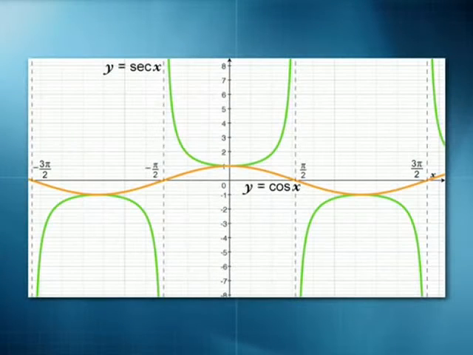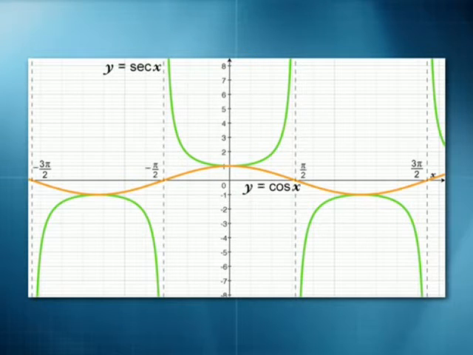All right, let me show you the graph of secant, and I'm going to graph it together with cosine because there's a really nice interplay between these two graphs. In fact, if you're comfortable with the cosine graph, you'll be equally comfortable with the secant graph. Watch how they go together as kind of a team. Cosine is yellow here, and notice that when x is 0, the y value is 1.